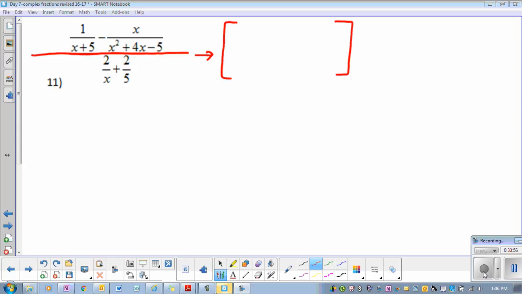Same thing. Our numerator, it's just a lot. Minus. Divided by.